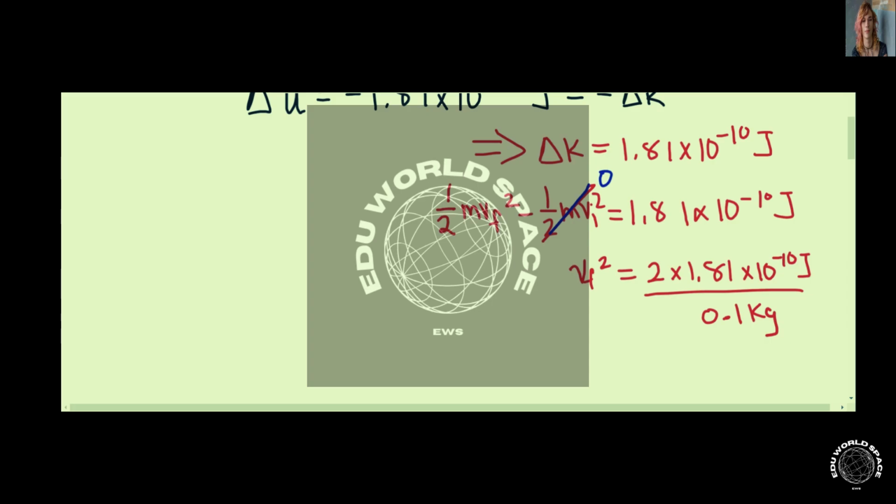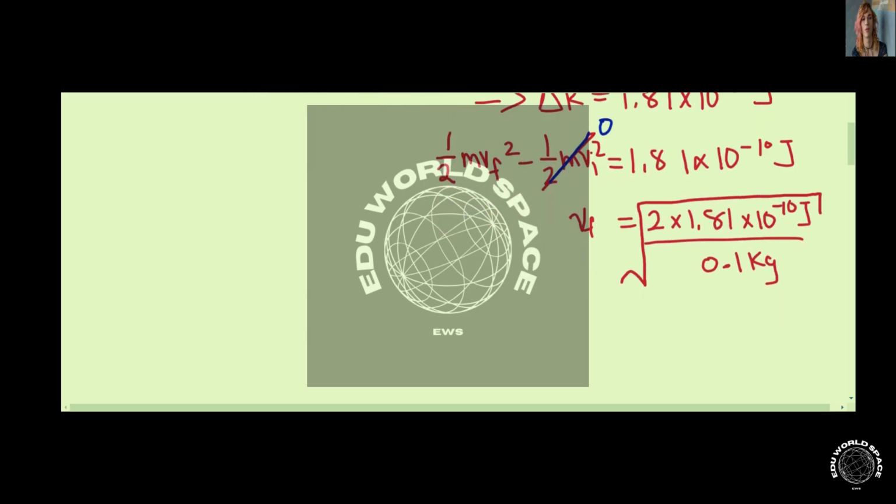Then if we want to do it all in one step, we take the square root of both sides. Once we've got that done, the final answer is 6.01 times 10 to the minus 5 meters per second. And so that will be the final speed of this mass.